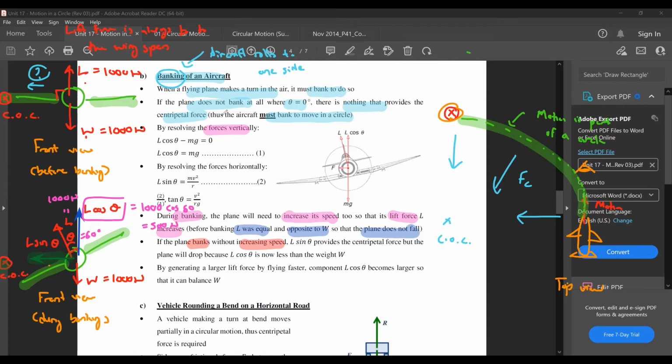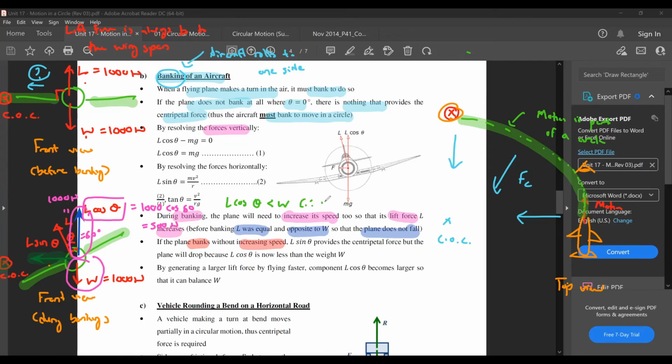Previously, you had L balancing the weight. They are equal and opposite, so your aircraft did not fall from the sky. But now, L cos theta is supposed to be balancing the weight, but the values are not equal. L cos theta is actually less than the weight.